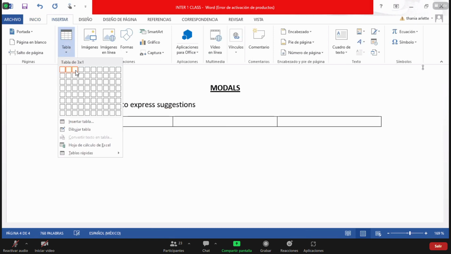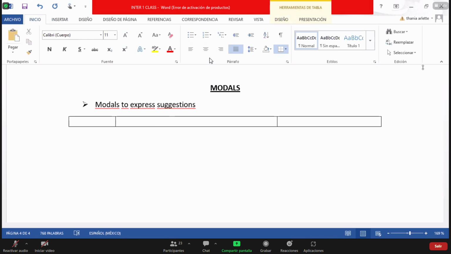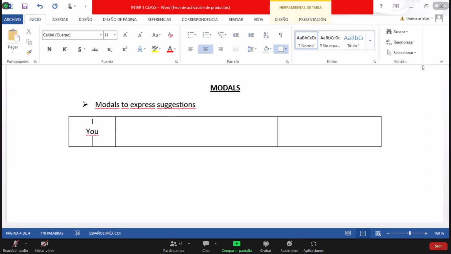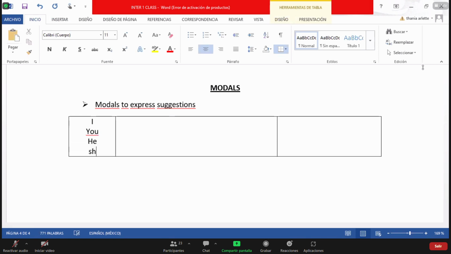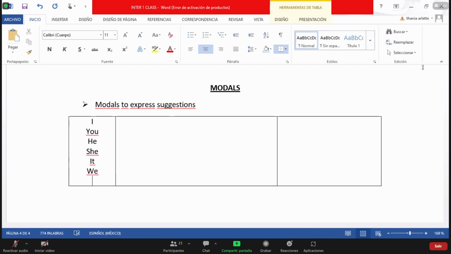Let me show you this. I need 3 columns. Okay, so let's start with the subjects. The subject pronouns. Well, remember, a subject can be a subject pronoun or the name of the person. So they are I, you, he, she, it, we.